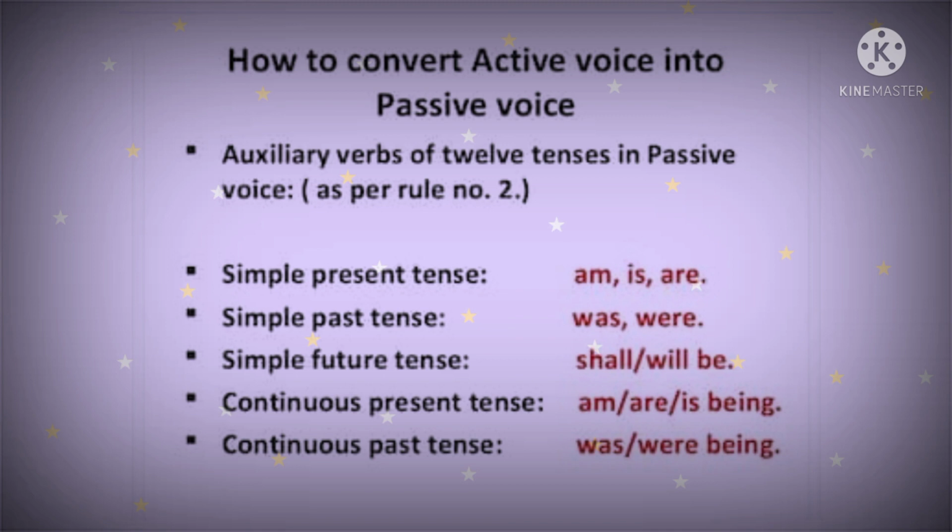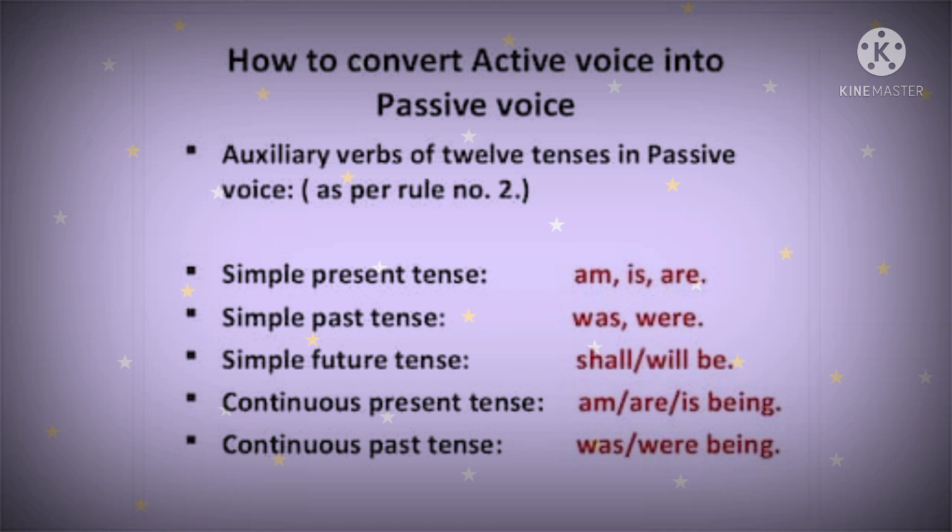Please remember, all passive voice will follow verb 3 only. Simple past tense: there is no auxiliary in the active voice, and there we use was or were along with verb 3.